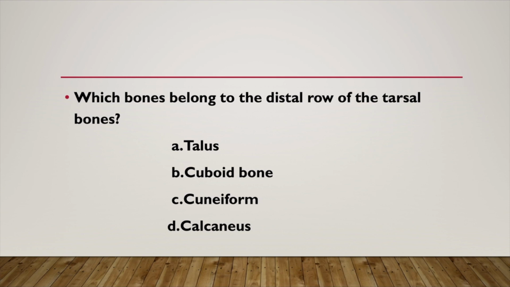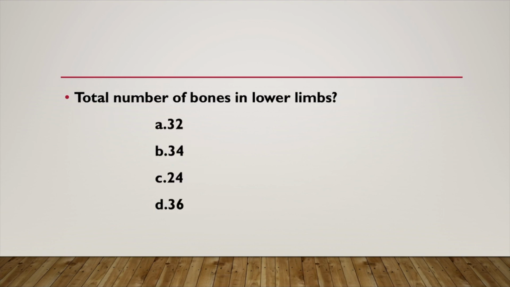Option A talus, option B cuboid bone, option C cuneiform, option D calcaneus. Answer: option B cuboid bone. Total number of bones in lower limbs: option A 32, option B 34, option C 24, option D 36. Answer: option A 32.